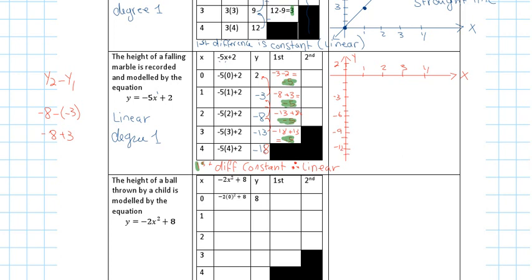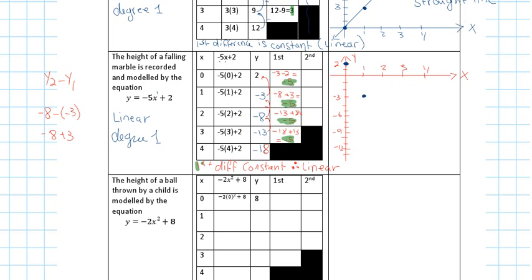So my first point is 0, 2. You guys can see that my first point is at 0 and the y value is 2. My next point is at 1 and negative 3. So 1, negative 3. Then 2, negative 8. So my negative 8 is here. 2 is here.